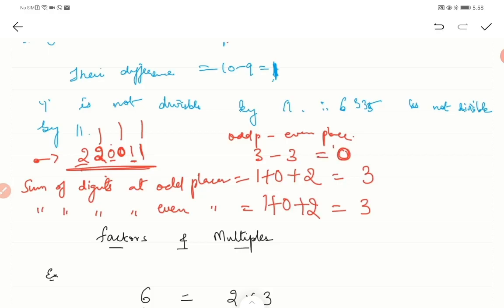Since you are getting 0, we can say that this number 220011 is divisible by 11.